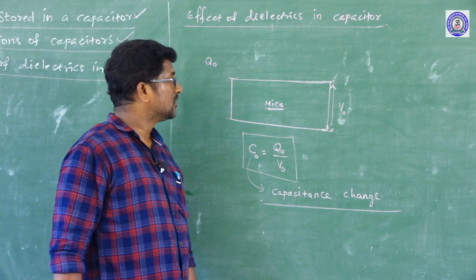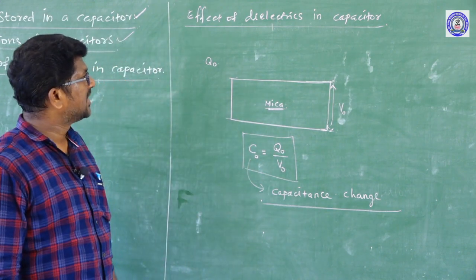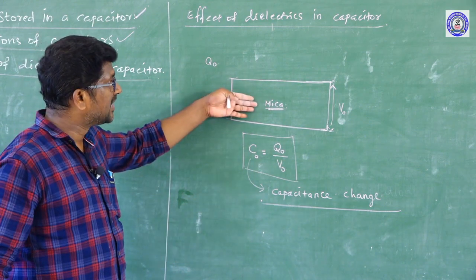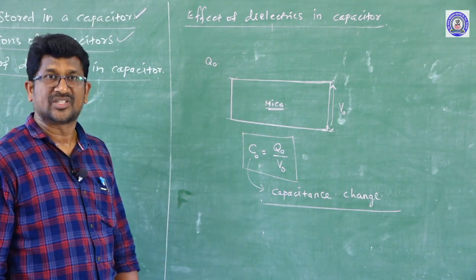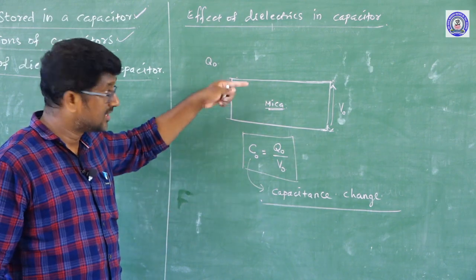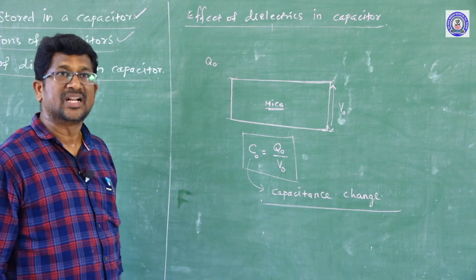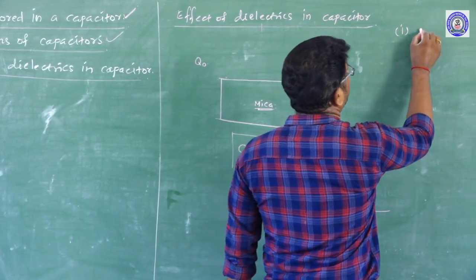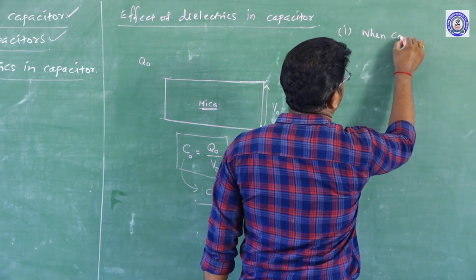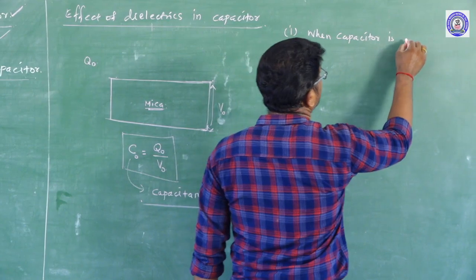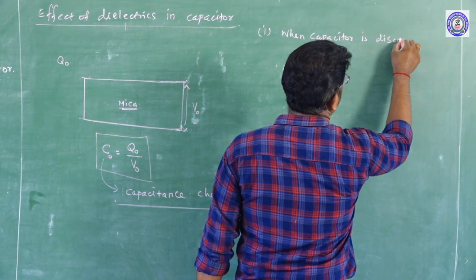right. So, there are two different ways, or two different methods, of inserting the dielectric material between the two plates of the capacitor. First method, when the capacitor is disconnected from the battery.